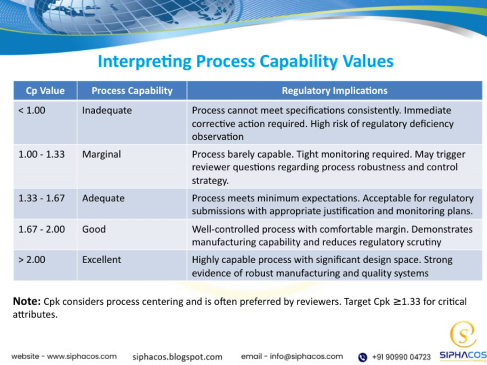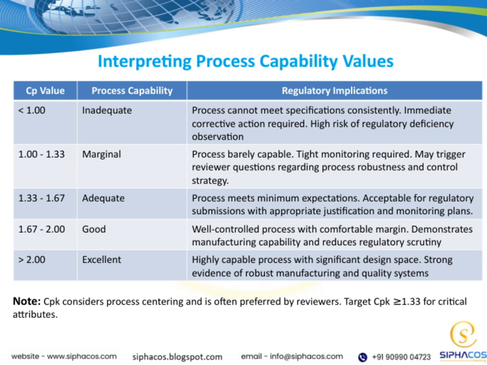That indicates a well-controlled process with a comfortable margin, demonstrating strong manufacturing capability, and potentially reducing regulatory scrutiny. Finally, a CP greater than 2 signifies an excellent process. It's highly capable, with significant design space, and provides strong evidence of robust manufacturing and quality systems.